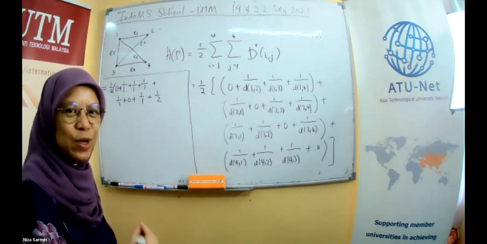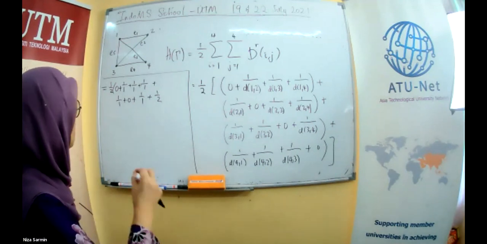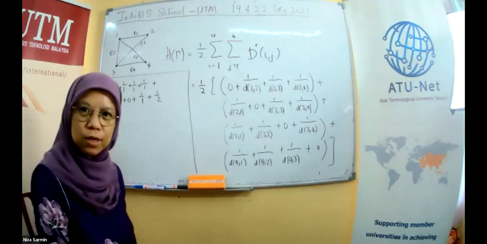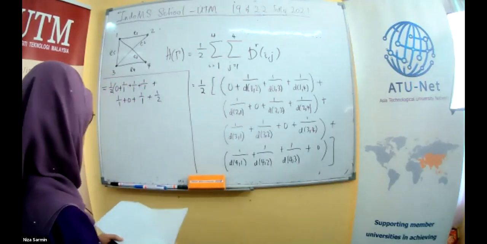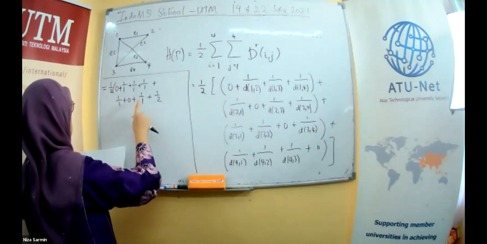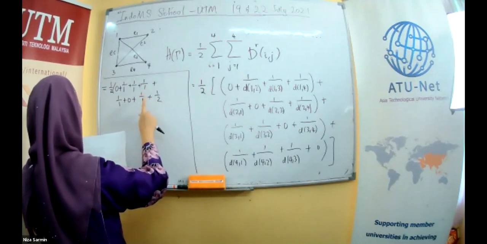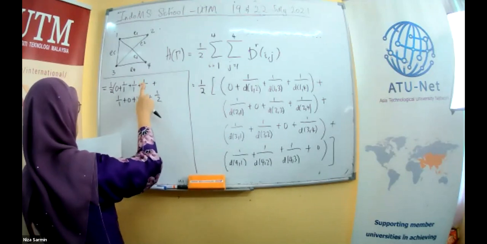You don't have to do it one by one. You just look at the one that is missing, where you have to do 1 over 2. So that will be the same thing, and you have 2 of this.